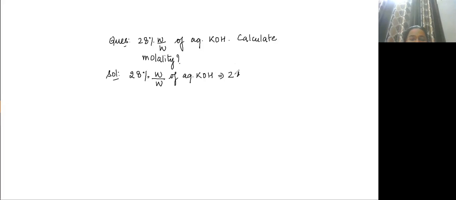That is 28 gram of KOH is present in 100 gram of solution. So the weight of KOH is given. That is 28. What is the weight of water?